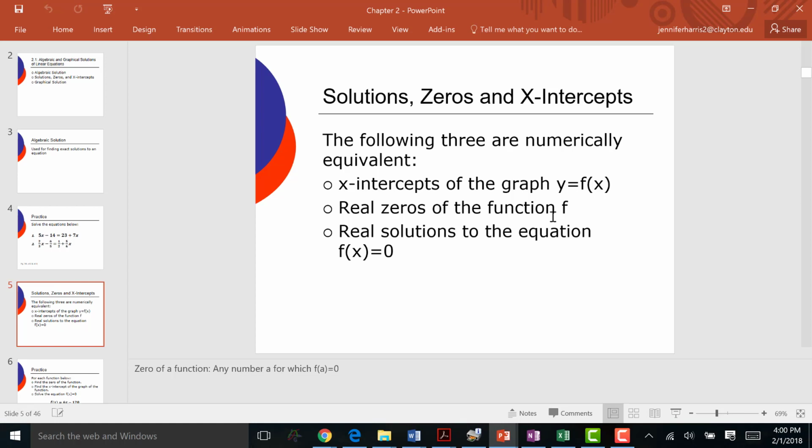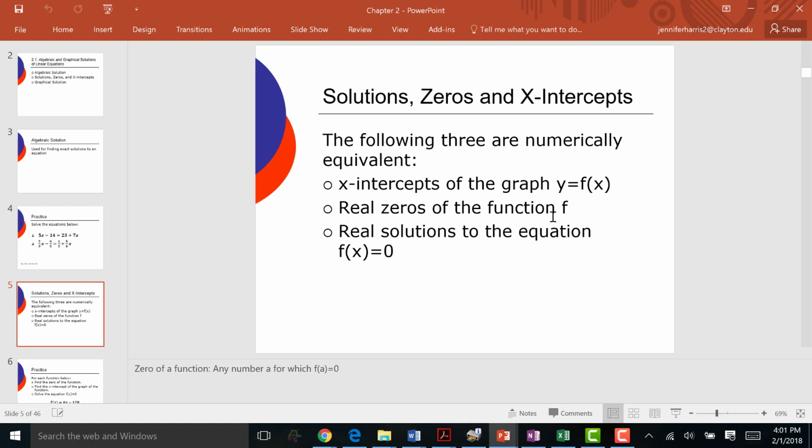Their names are also called real zeros, and you can rewrite it in the form of a function. So that last bullet said real solutions to an equation of a function. So here's what I'm saying for the first bullet. It just says you're going to have some points on a graph and they're going to cross or touch the x-axis. That's all the first bullet says.